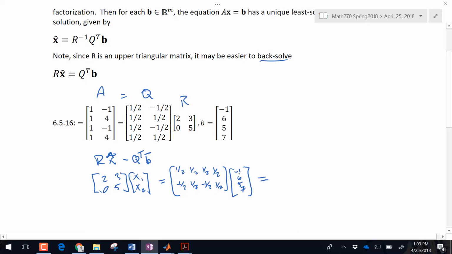Oh, minus 1, 17. So 17 over 2. And then here it's alternating plus, minus, plus, minus. So this is a plus 1, plus 6 is 7, 7 minus 5 is 2, plus 7 is 9. 9 halves?